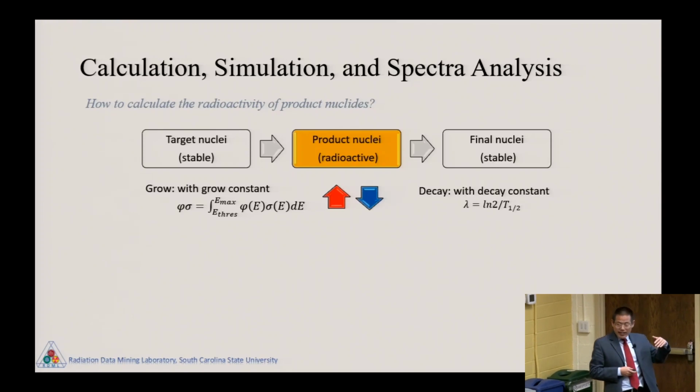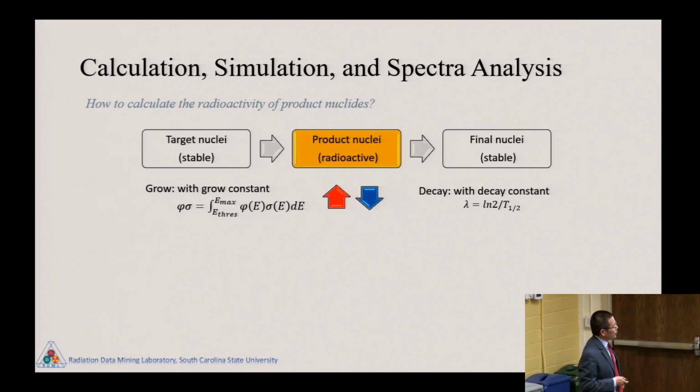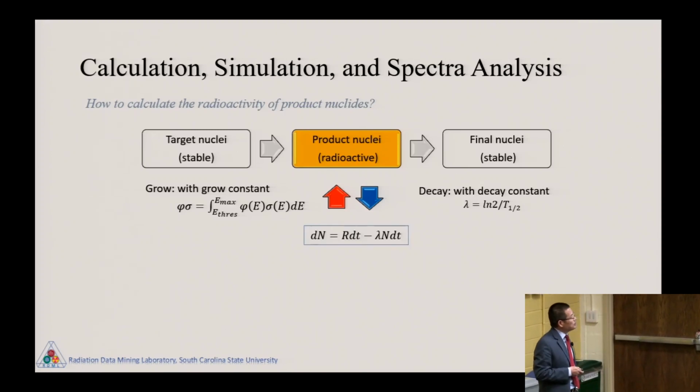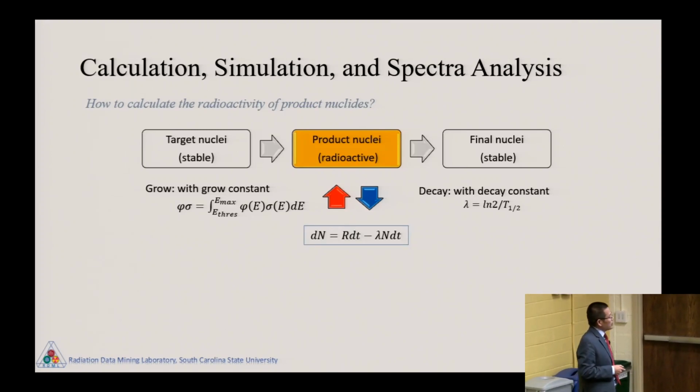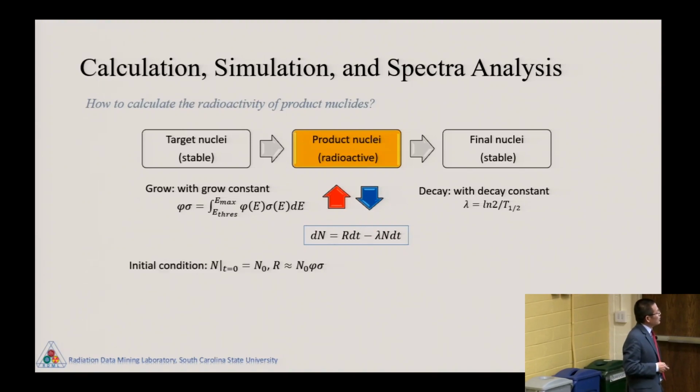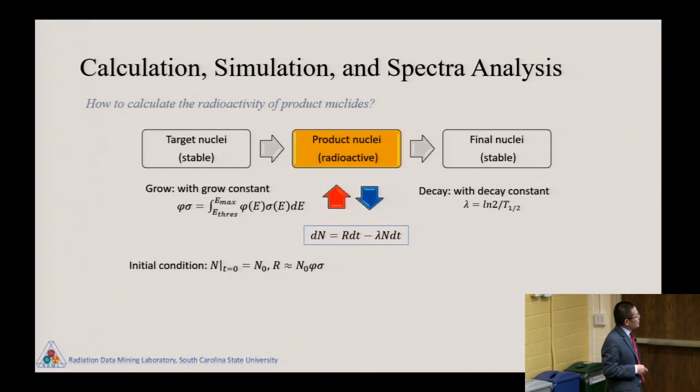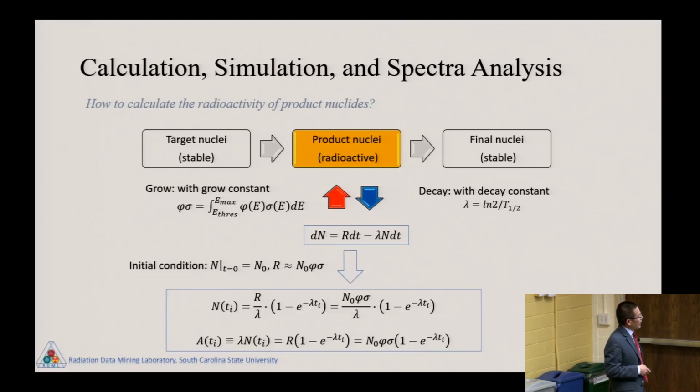Another process is decay: when you produce it, it also decays with the decay constant there. So we get this differential equation, and we solve it with initial conditions like this. You can get the original number of target nuclei equal to this. The original activity is always equal to lambda multiplied by this, equal to this.